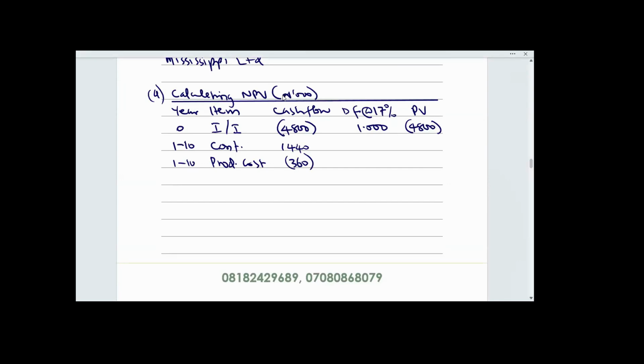In this class, it's only Moses that is talking. I have Jacinta, I have Mary Queen. Muibat, you are in this class. Oliver, every one of you is in this class. Only Moses is talking. What's the annuity factor?